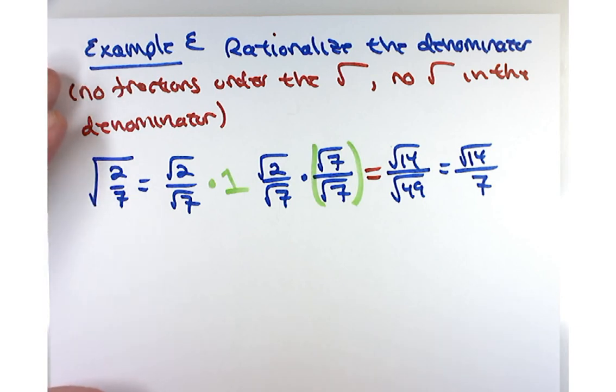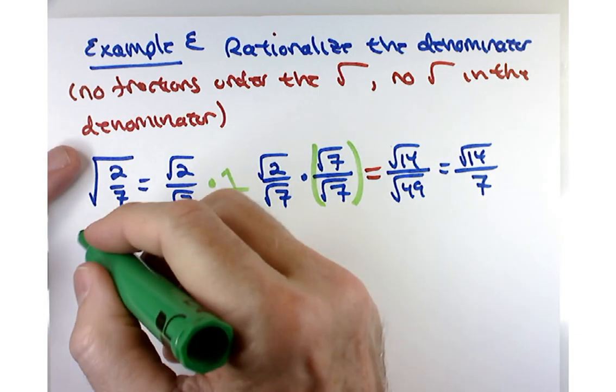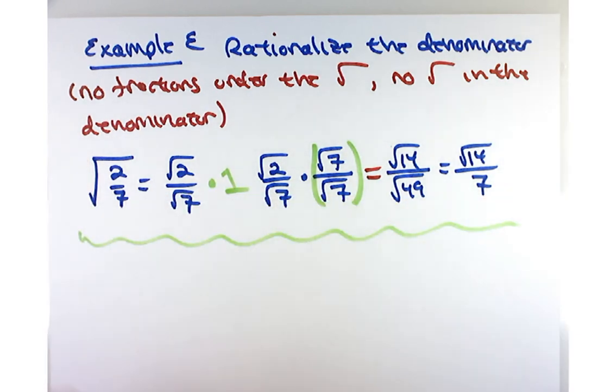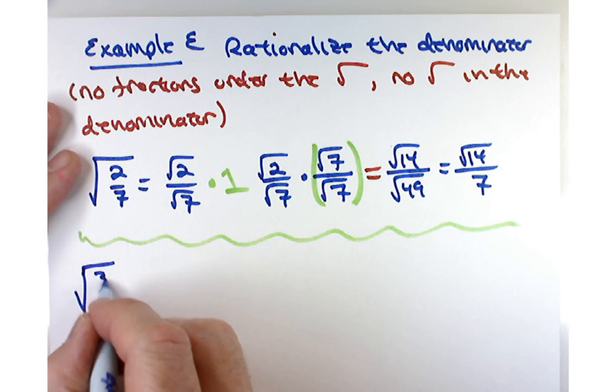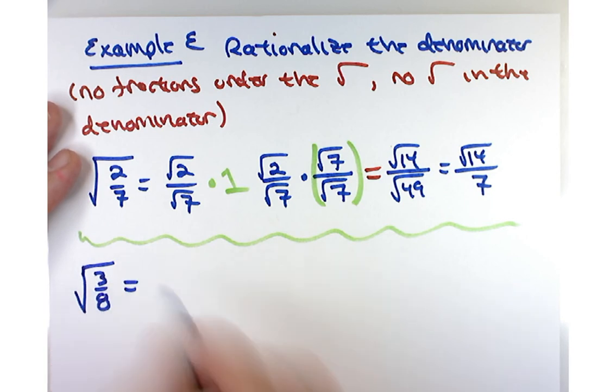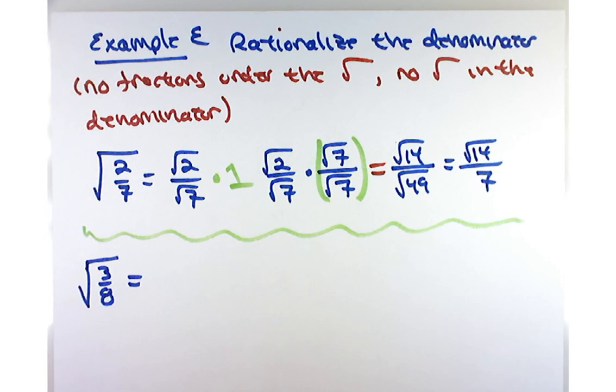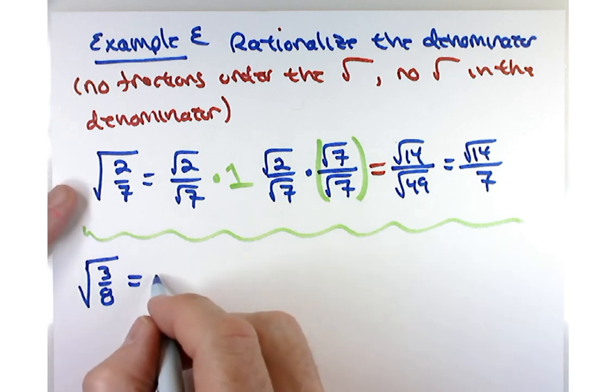Let's try another one. And I'm gonna do this next one in 2 different ways. And it's up to you what way you prefer. Both are gonna get us the same answer. Square root of 3/8.